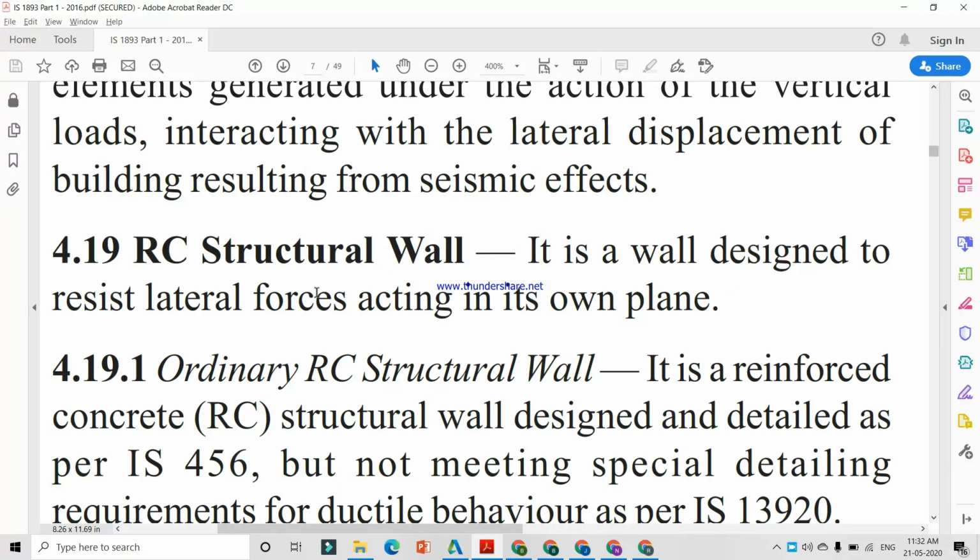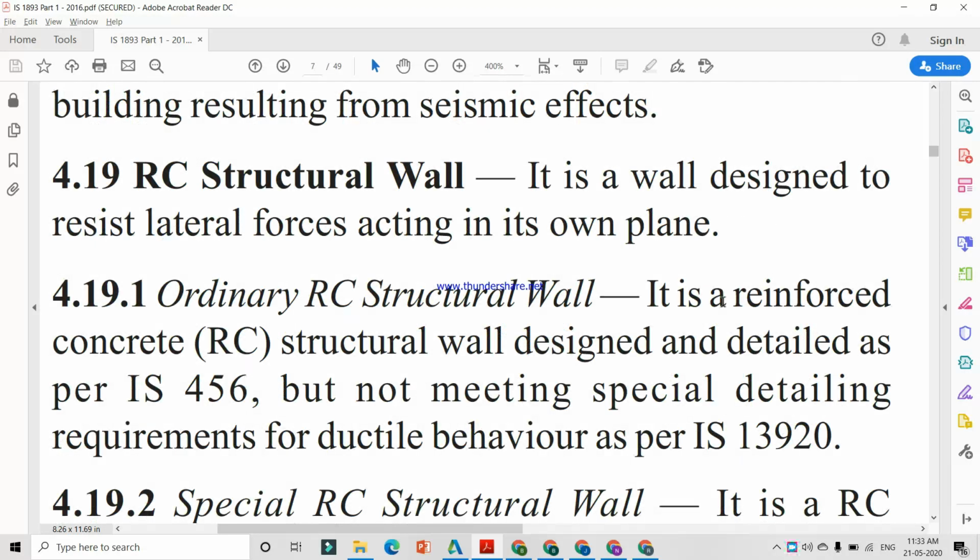The next is RC structural wall. It is a wall generally designed to resist the lateral forces which act in its own plane. You can say these are the shear wall or special types of shear wall. These are the ordinary RC structural wall.